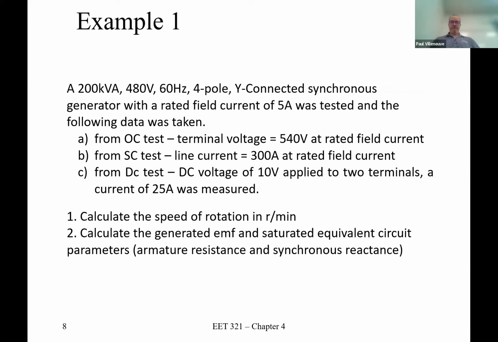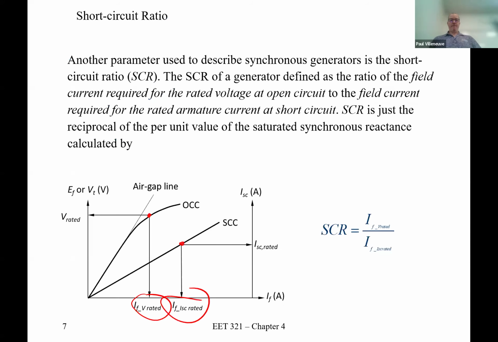Can you go back? What does the bottom one say for the IF? IF at voltage rated. That's the field current to get rated voltage on the open circuit characteristic. Because it says IF voltage rated up top, right? Oh, ISC rated.